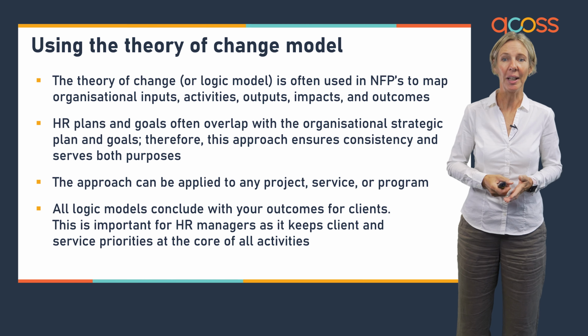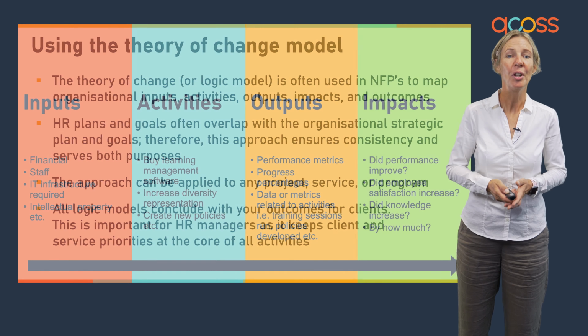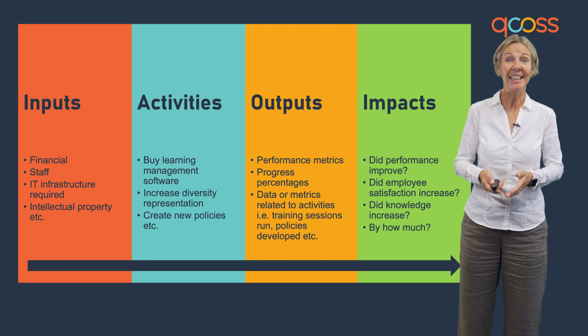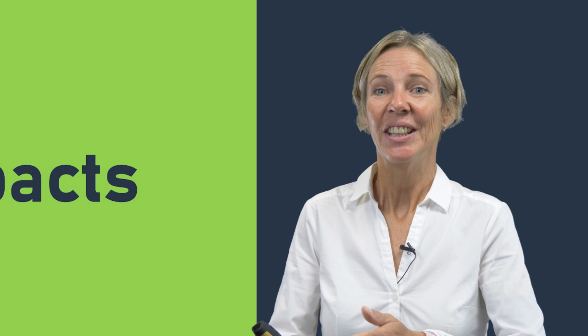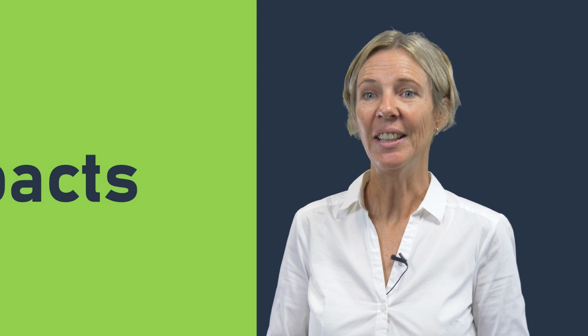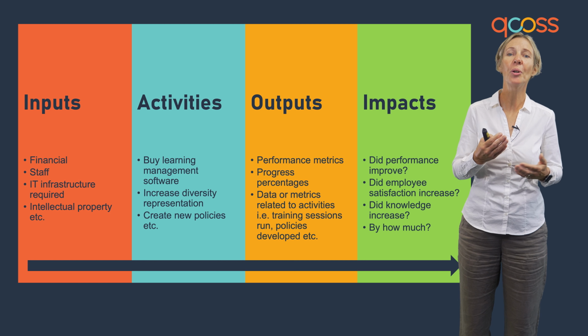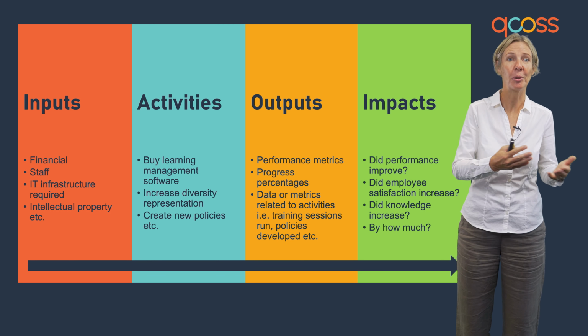So let's have a look at the model using an example from a diversity and inclusion strategy. Inputs. The first step is to identify what inputs will be required to reach your HR plan's goals and objectives.